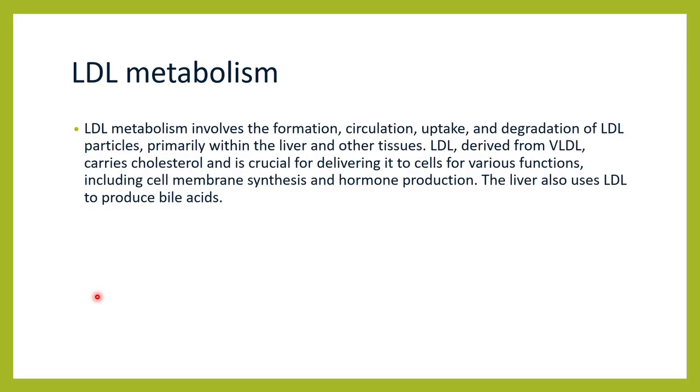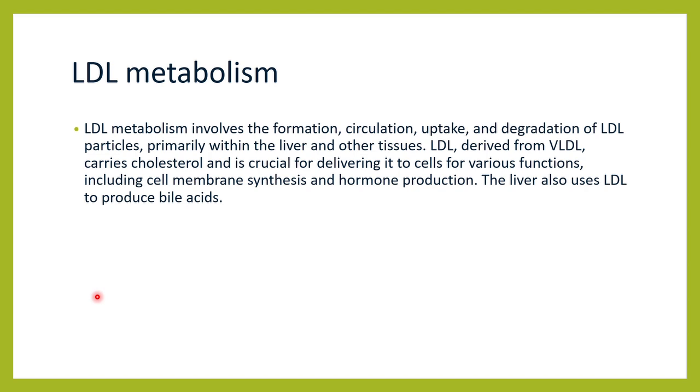So when I talk about LDL metabolism, we will discuss how the LDL is formed, where the LDL is formed, how it is circulating, how it is taken up by the cells, and how it is degraded. Here we will talk about the liver, because the liver is the main source wherein the VLDL gets converted to IDL and LDL, and the liver is also an important organ which has most of the LDL receptors.